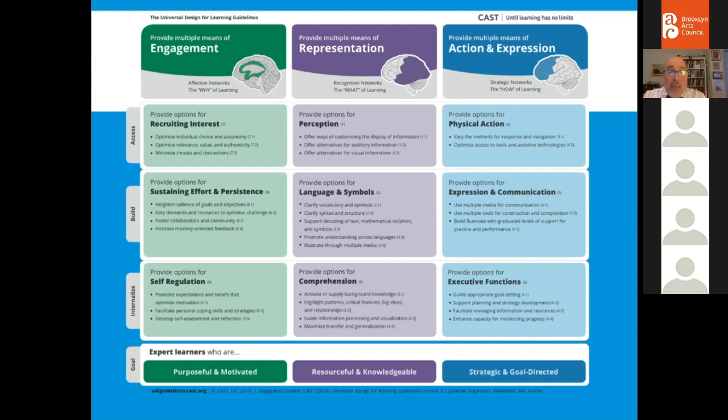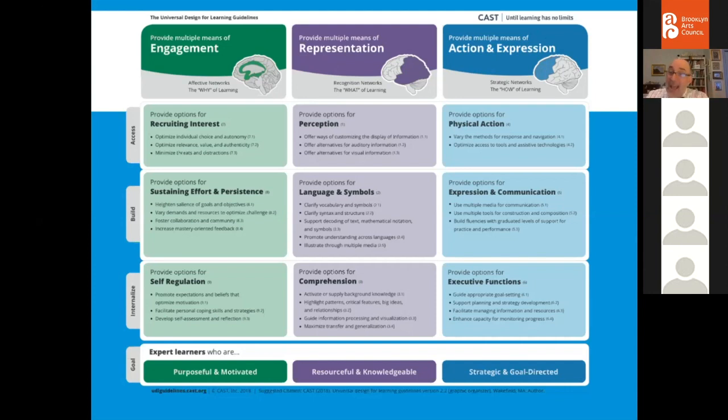So then you can think about, well, if they've got all the support in terms of understanding language and comprehension, then we've got to really start with recruiting interest and sustaining effort, so that I can help them understand that the first try is not always the only try, that they can work on that.